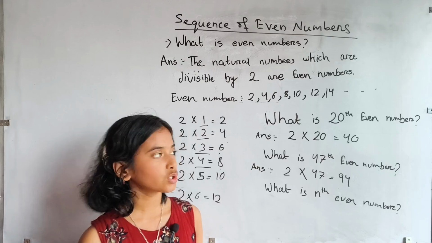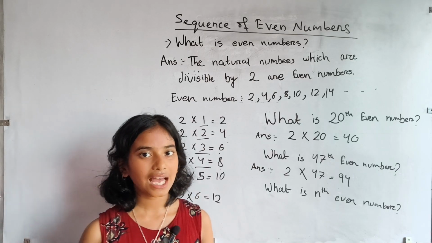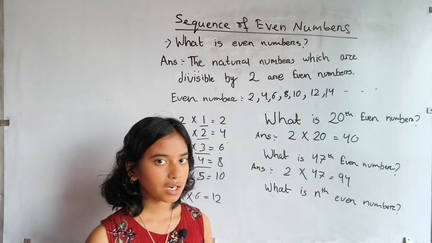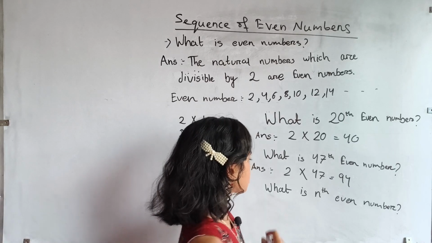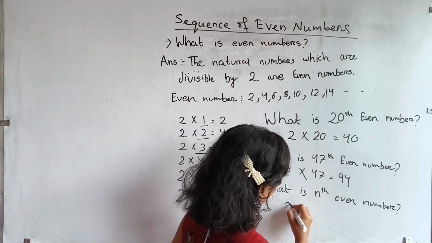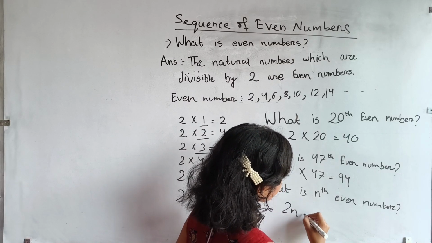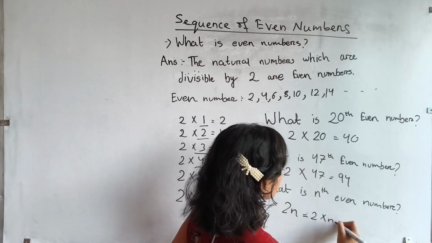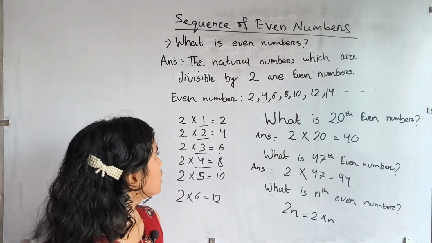Examples: 1, 2, 3, 4, like this are natural numbers. n is a short form of natural number. So we can also find a formula by this. The nth even number is 2n, or 2 multiplied by n. We can write it in two forms.